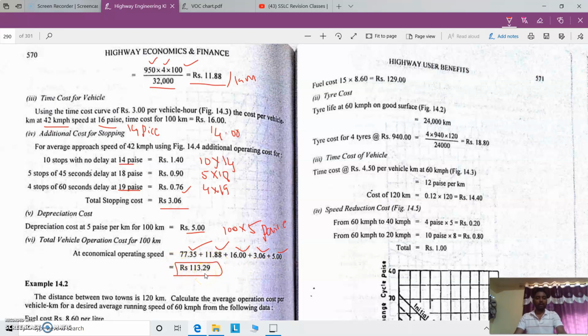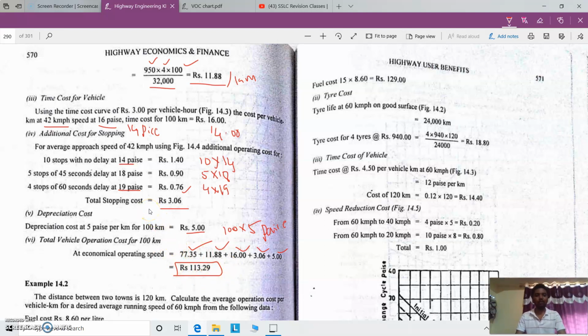If you operate your vehicle at the economical speed of 42 kmph, the total vehicle operating cost for 100 km will be 113.29 rupees. So this is how we have to calculate the total vehicle operating cost using these charts.